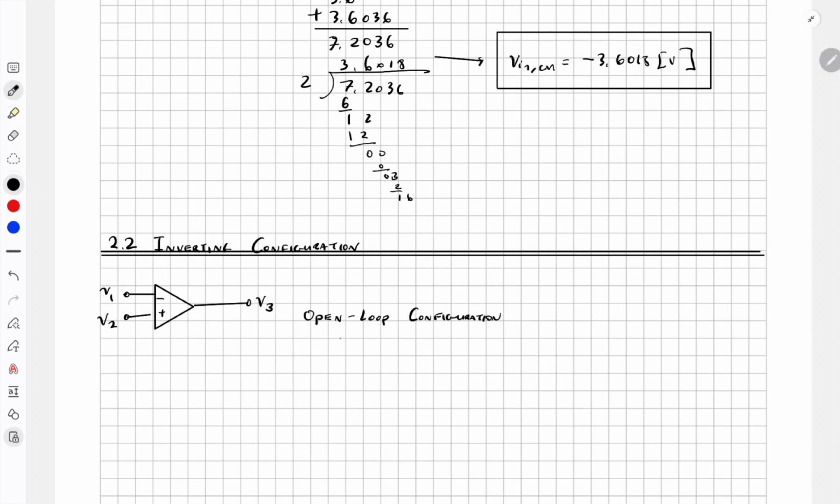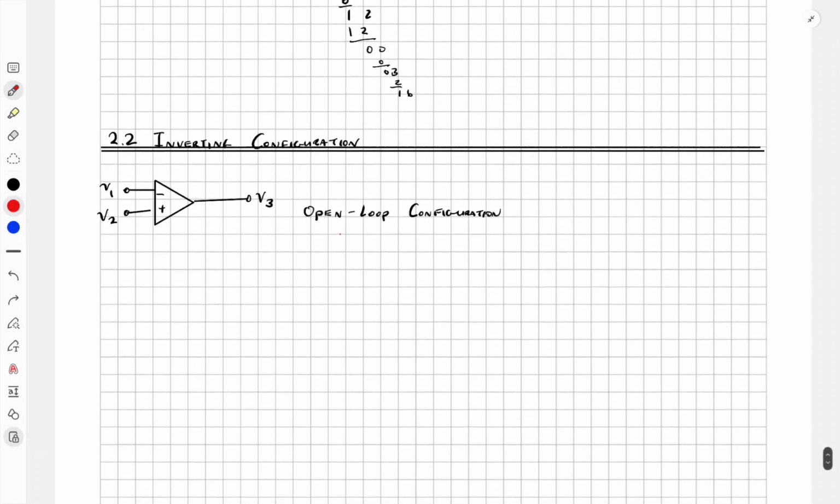What is meant by open loop configuration is that there's no feedback. Feedback would entail some kind of connection going from the output feeding back to the input. Everything we've learned so far did not have any kind of feedback involved.